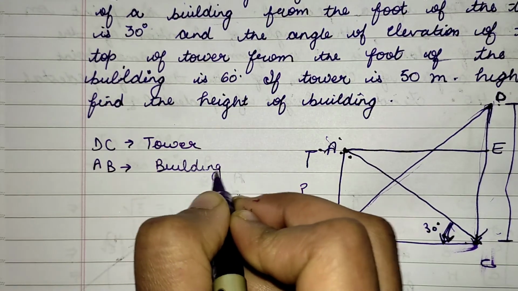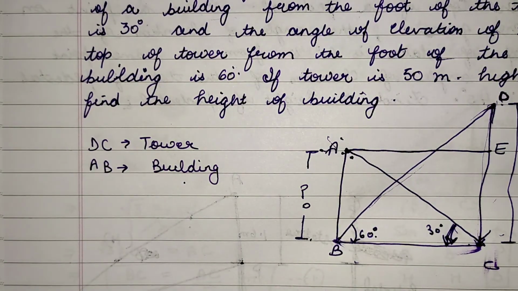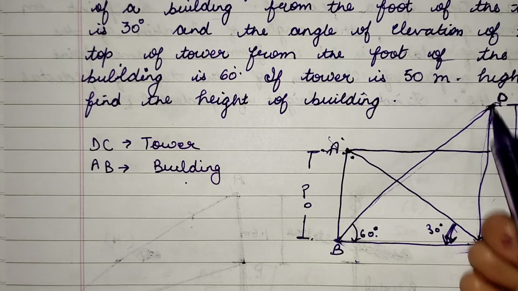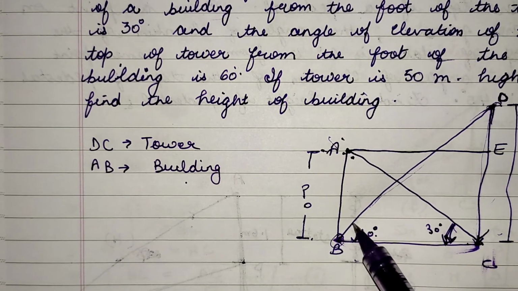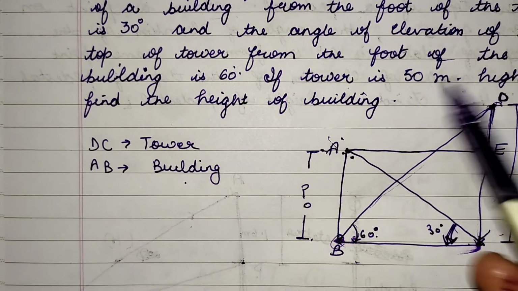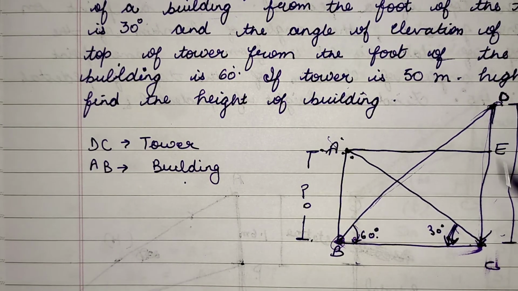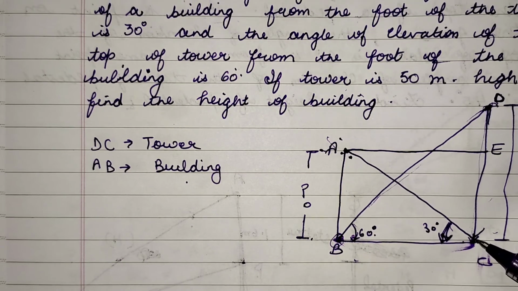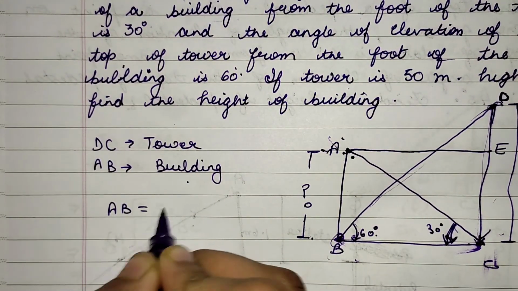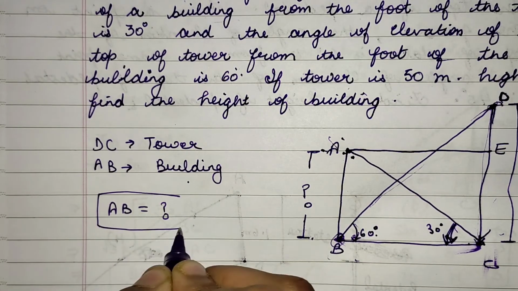The angle of elevation of the top of the tower from the foot of the building is 60 degrees. The tower DC is given as 50 meter height, and I have to find the height of the building.